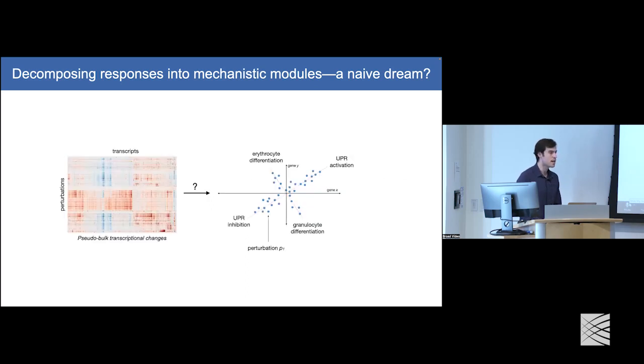And there are many mathematical methods that we could potentially use for this decomposition. There are also many different forms of the data that we could try to apply this decomposition to. We could try to apply it to the single cell transcriptomes, but those have the issue that they're quite noisy. We don't sequence these data that deeply, just based on cost. We could apply it to the pseudo bulk transcriptional changes, so the average transcriptional changes in response to each perturbation.